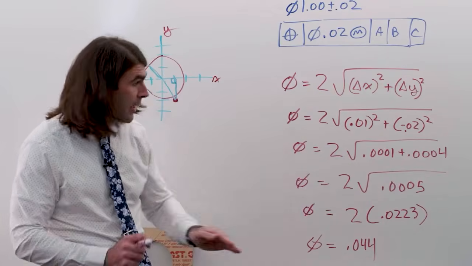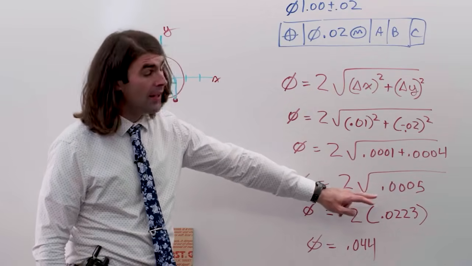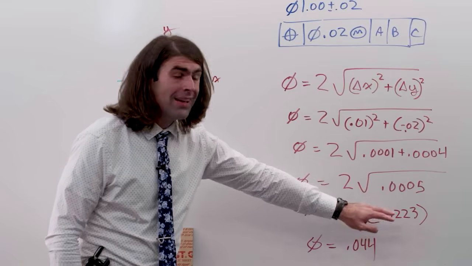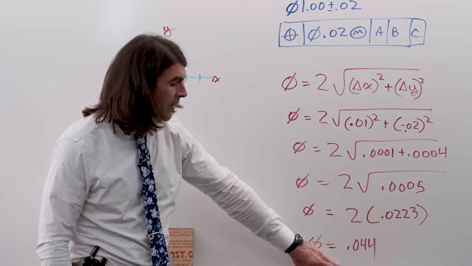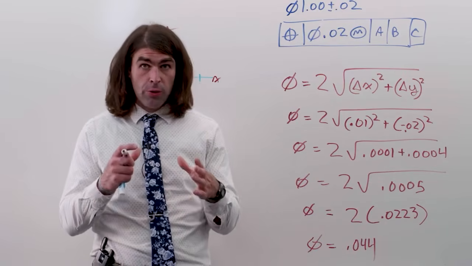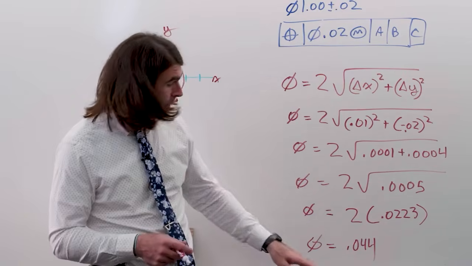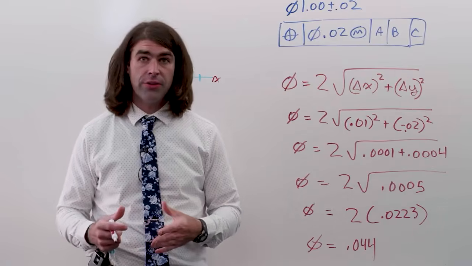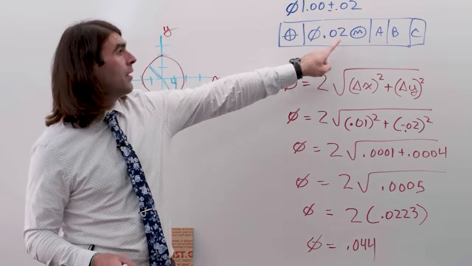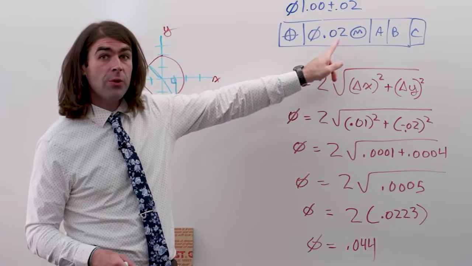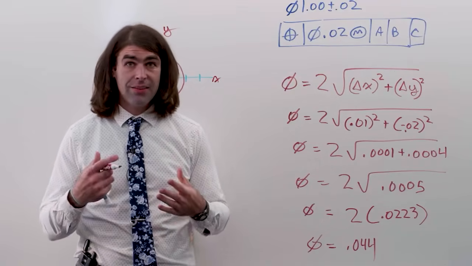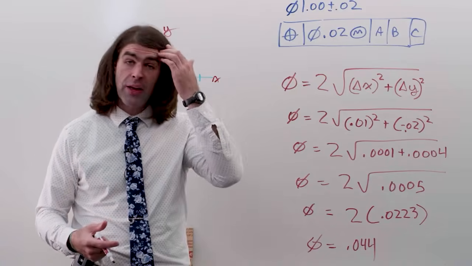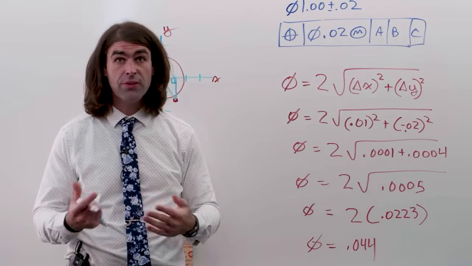We add those together first. Then we take the square root. We get 0.0223, multiply by 2. It gives us the total consumed positional tolerance is 44 thousandths. We compare that to our available tolerance, and we know that this part has failed, right? This is not an acceptable place for this hole to be positionally.